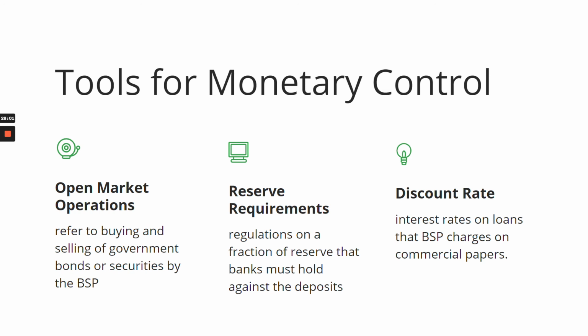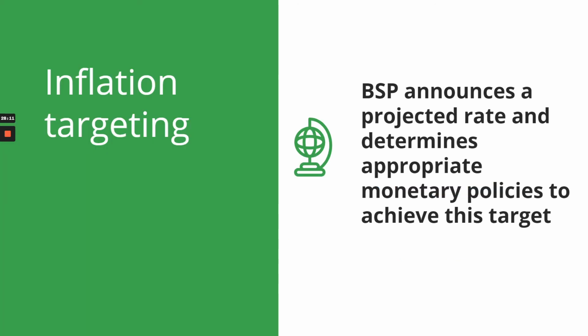To achieve a low rate of inflation, the BSP has adopted an economic policy called inflation targeting. With inflation targeting, they announce a projected inflation rate. For example, the BSP announces that our inflation target for this year is 4%.